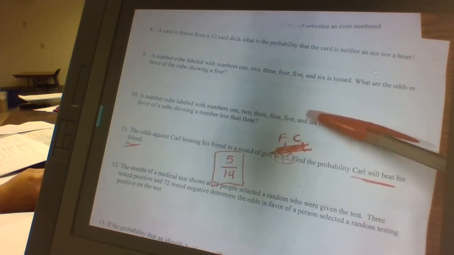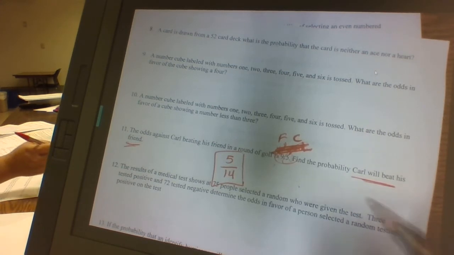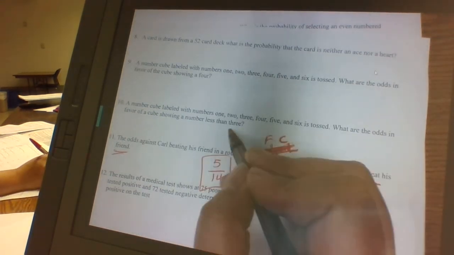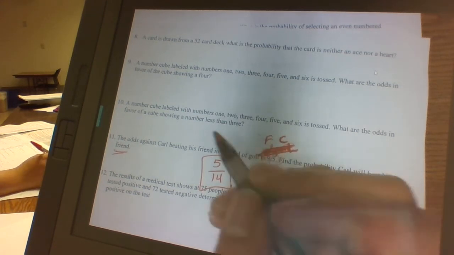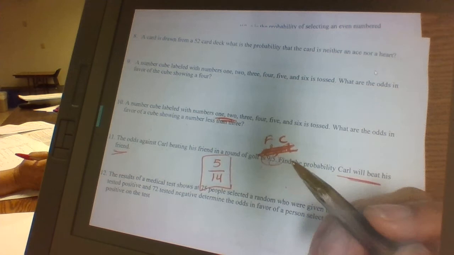How many of these are less than 3? 2. 2 over 6. Because it's 6 numbers. So how many numbers are less than 3? 2, which is 1 and 2? 2.